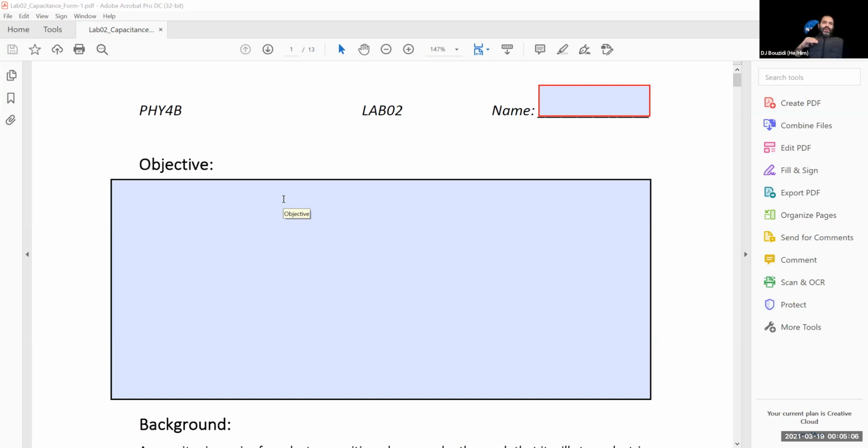Help me in your own report, whether you like to use this one or something else. Again, if you want to print this one and fill it in manually, which you can do too, please make sure you can read your own writing, because sometimes it may be obvious to you, but somebody else might not be able to read what you're writing.